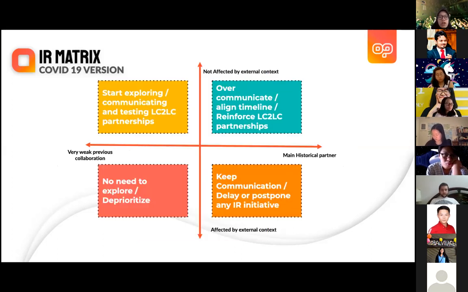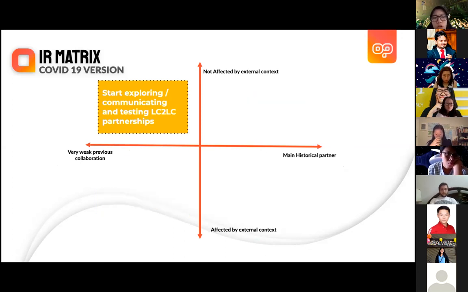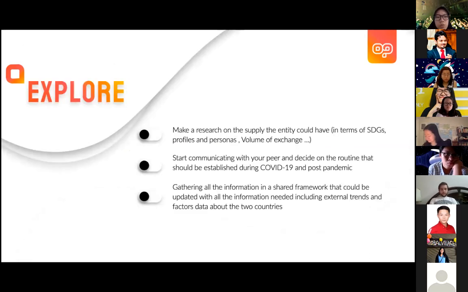Cool. So then this is the matrix and what we need to do for each one. So let's go through one by one. The first one, start to explore and communicate and test the ELSA to ELSA partnership, is on the explore side. So do research on the supply and demand of the entity.